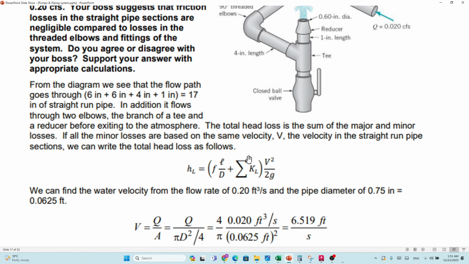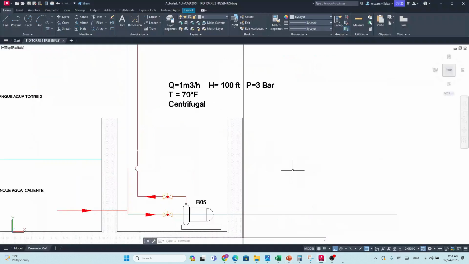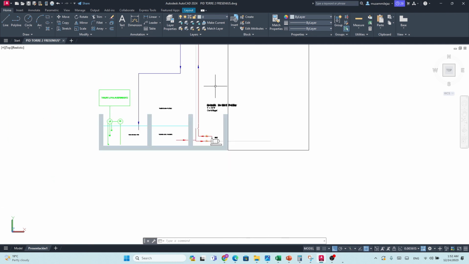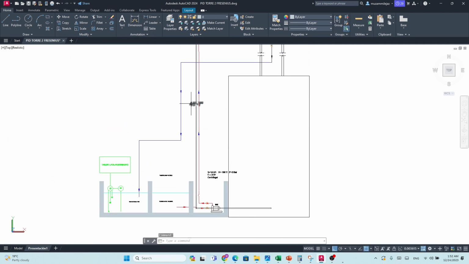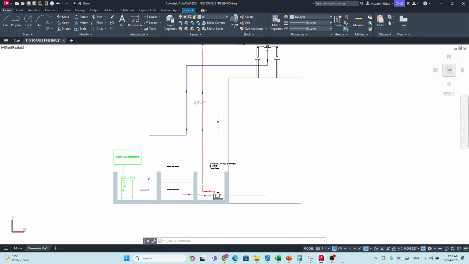How much margin we have in this particular case? It is 100 feet, and we have a vertical height of 45 feet, so we have a margin up to the maximum of around 50 feet. We can have a head loss around 50 feet, but if you increase the head loss so that the total is more than 100 feet, the pump will not carry the water.